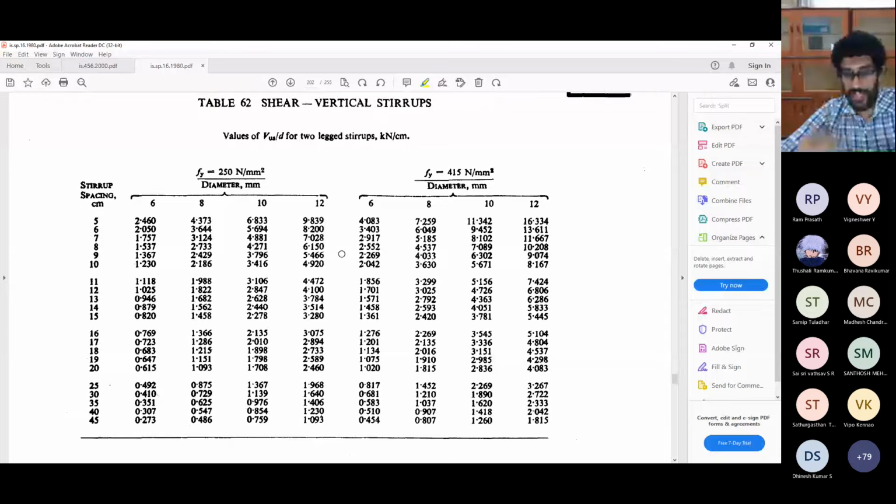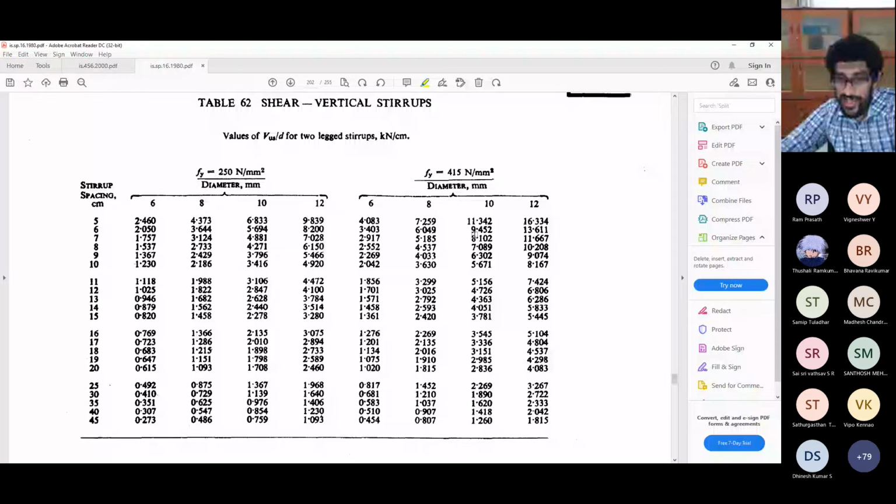The Vus by d values are 11.342, 9.452, 8.102, 7.089, 6.302, 5.617, 5.156 and 4.726. For 5.156, this is the closest to 5 that I have. No need to interpolate, just choose the closest value, that's good enough. So 5.156 is the closest to 5 kilonewton per centimeter for me.